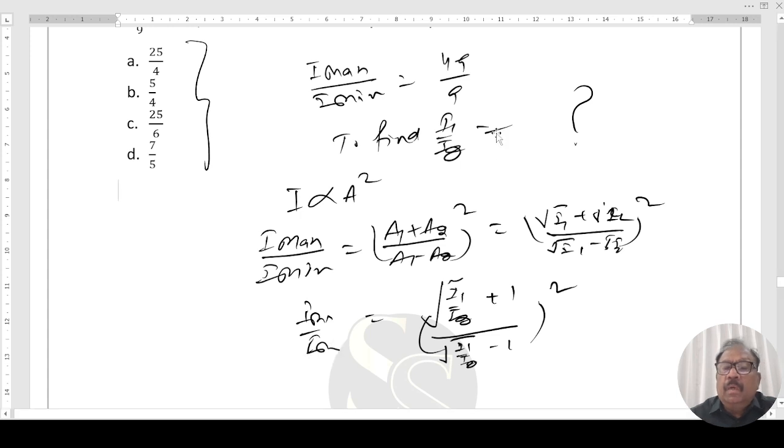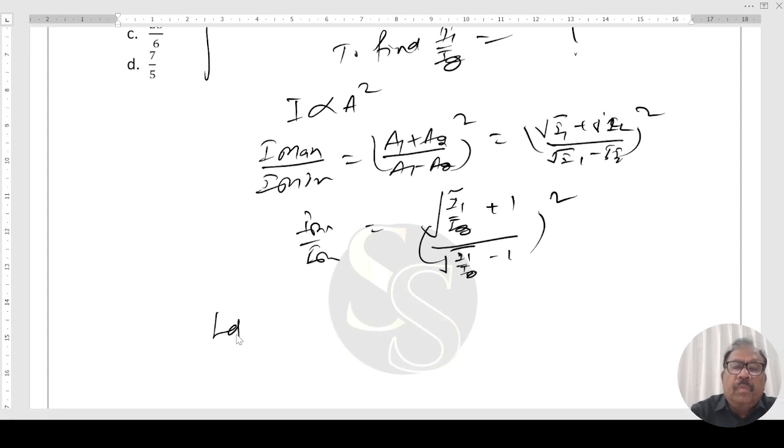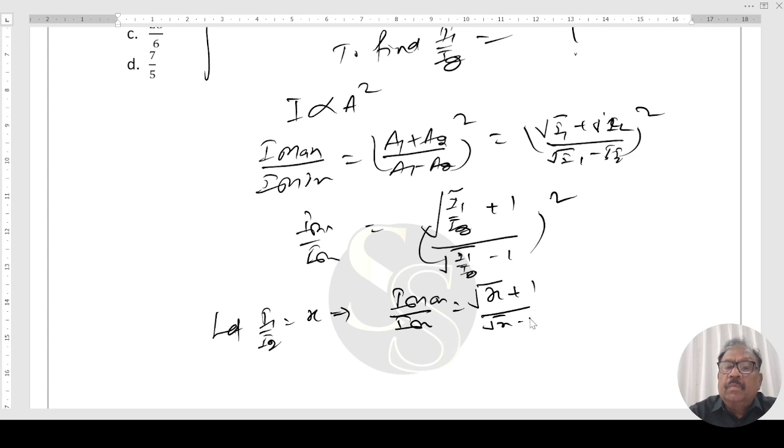Let I1 over I2 equal x. Then I maximum upon I minimum equals root x plus 1 upon root x minus 1 whole square.